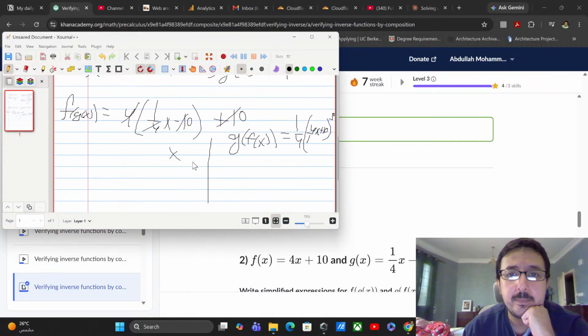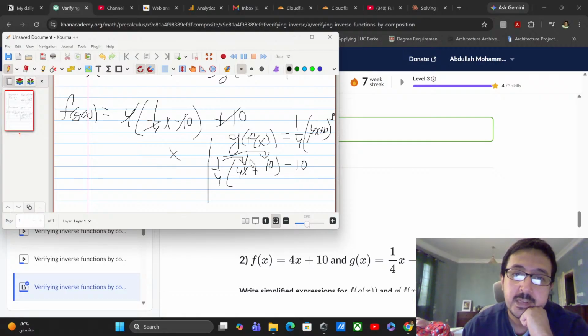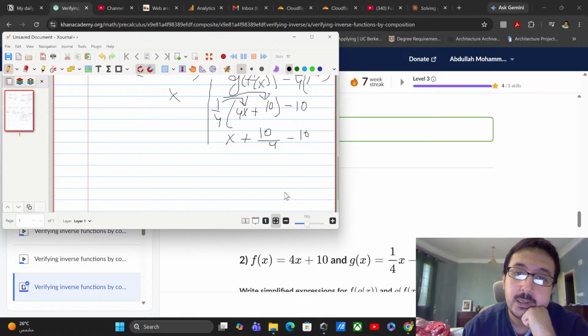So not the same, because here I'm going to have to distribute it. So what's going to happen? Look at it: 4x plus 10 minus 10. This is going to have to be distributed. So what's going to happen is this is going to be x plus 10 over 4 minus 10, which is going to give me, I don't know how to do this.